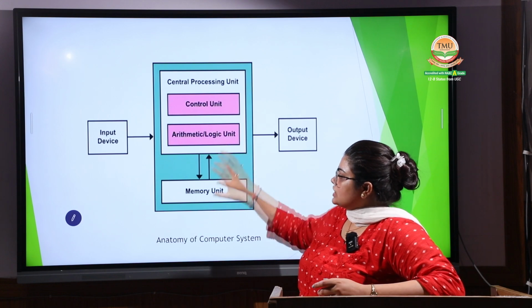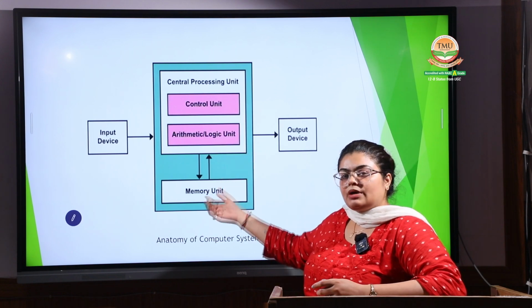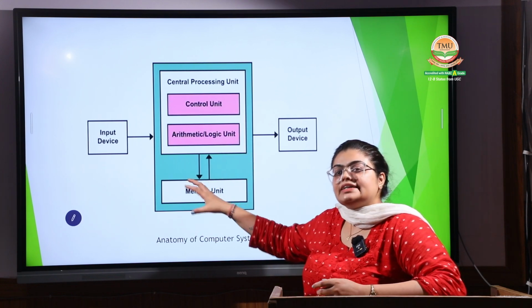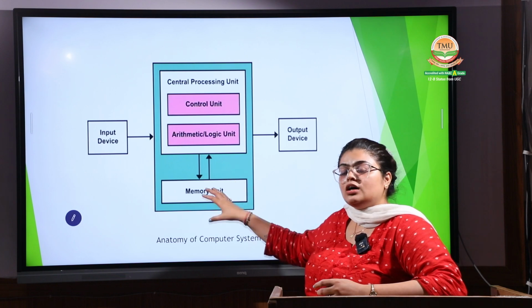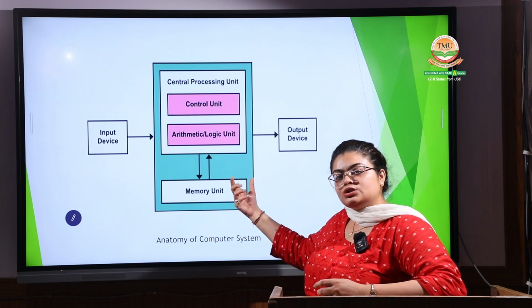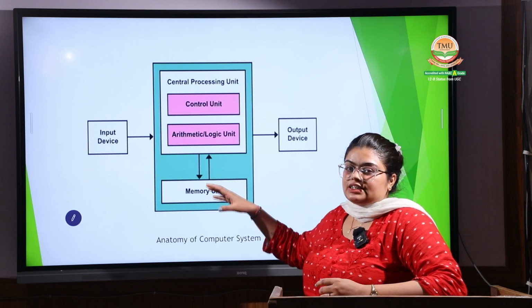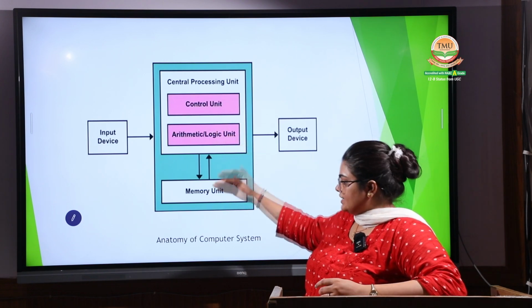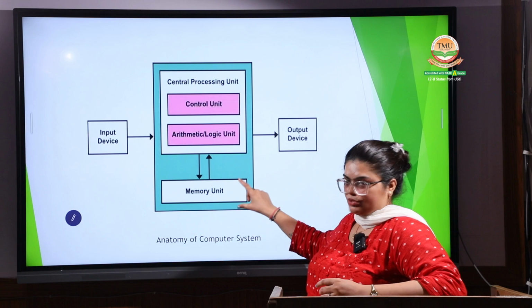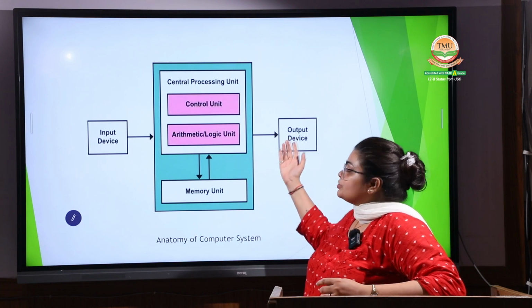And it also includes some of the memory unit. Memory unit is a unit where the data is stored or from where you can fetch the information to show as a result. So overall, the central processing includes the two units, and in the anatomy there is also the memory unit. After that, output devices.